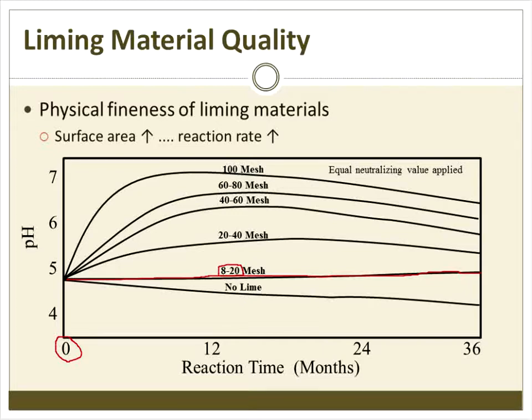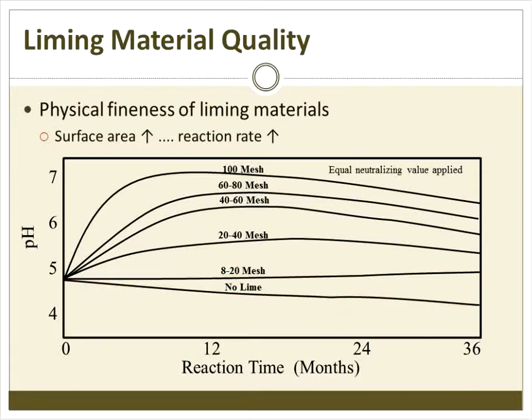What you see though is that over those 36 months the pH has not gone down. So this 8 to 20 mesh, although it's not causing the pH to go up, not making the soil less acidic, is at least letting the soil hold its own pH and not get more acidic.